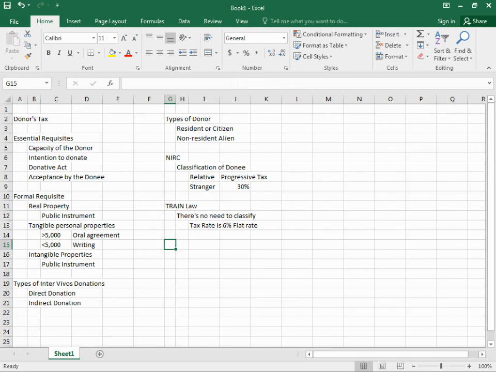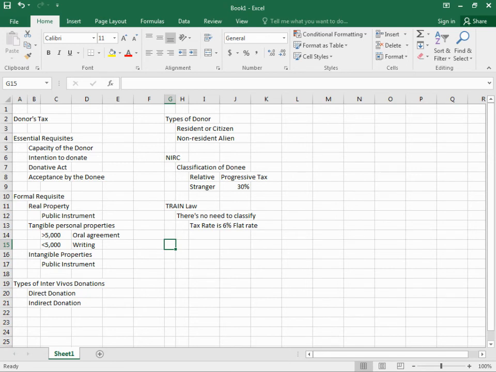Next, we have general renunciation of inheritance. Kapag general renunciation of inheritance, ibig sabihin, hindi mo tinanggap yung inheritance mo, okay? Pero hindi mo ni-specify kung kanino mapupunta.